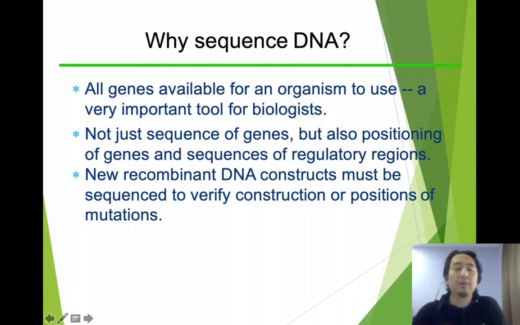Before you proceed to the next step, you have to ensure that no mutation occurred in the recombinant DNA that you constructed. To find out whether there is any mutation, you have to do DNA sequencing. It's very important to ensure that no mutation occurs, or else your end product might not be working.